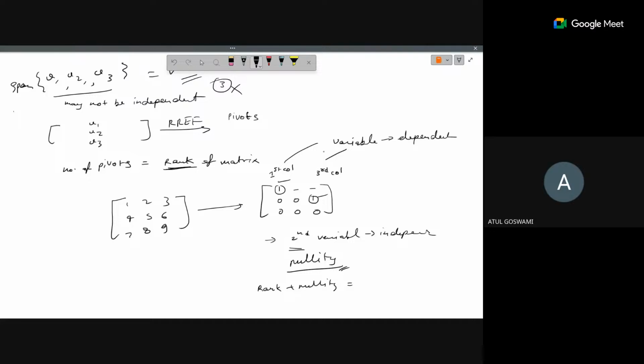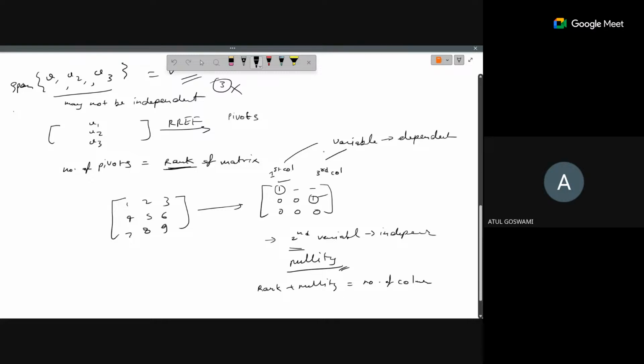But if it is 0, we can do nothing. So the pivot must be non-zero. Whatever is the rank, what remains is nullity, and together they make the number of variables, or number of columns.